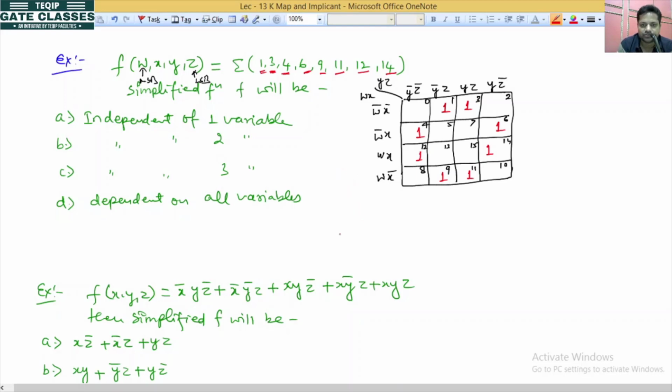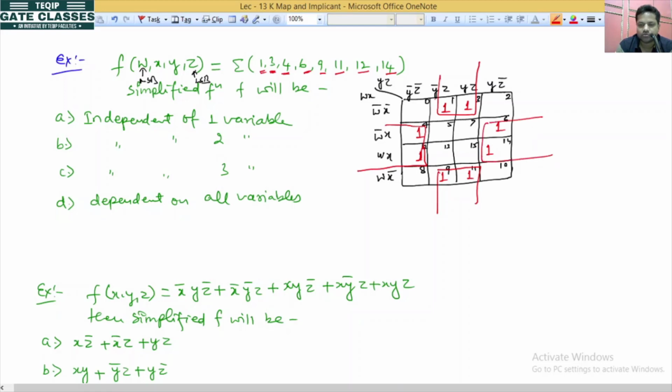Now we have to simplify this function f. I already told you this top can be grouped with this bottom, so this can be grouped with this. Similarly, this left side can be grouped with the right side.